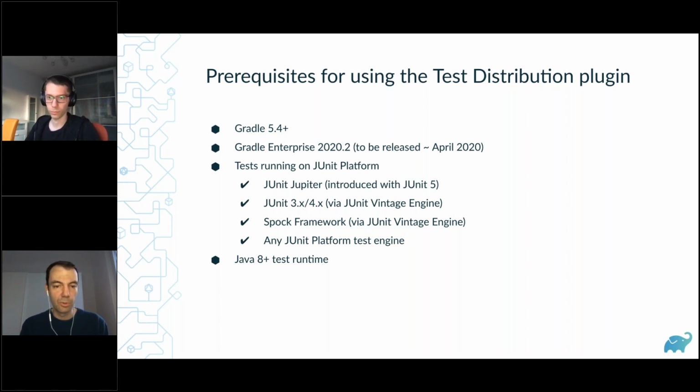The same holds true for frameworks like Spock that technically have a JUnit 4 runner that can execute these tests on JUnit 4 and then by the Vintage engine also on the JUnit platform. In addition to that, any test framework that already has a JUnit platform engine is supported by this approach. A direct consequence of using the JUnit platform is that it requires Java 8. So we now require a Java 8 test runtime for using test distribution.